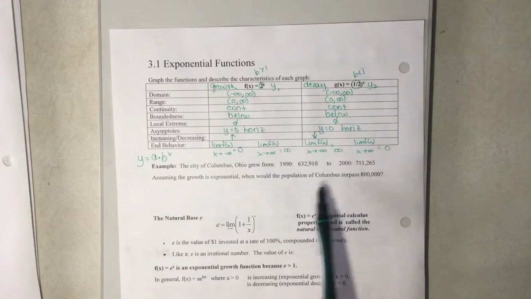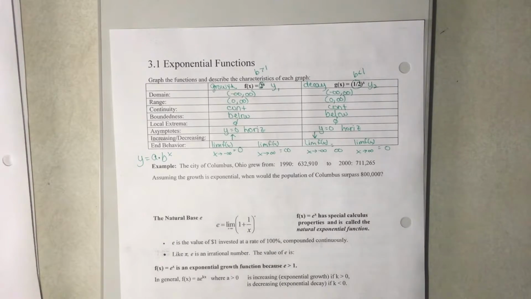So I look through this and I see date and I see a number. I don't see initial value. I don't see a growth factor. But let's take a step back. When you have a set of data that's given to you, like Columbus, Ohio, it wasn't founded in 1990. So you can't look at that as in 1990 and all the years prior to that.